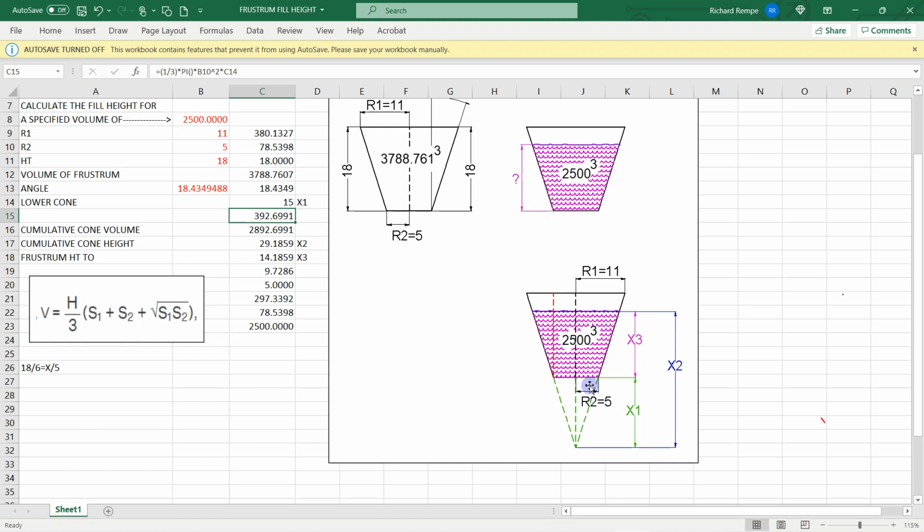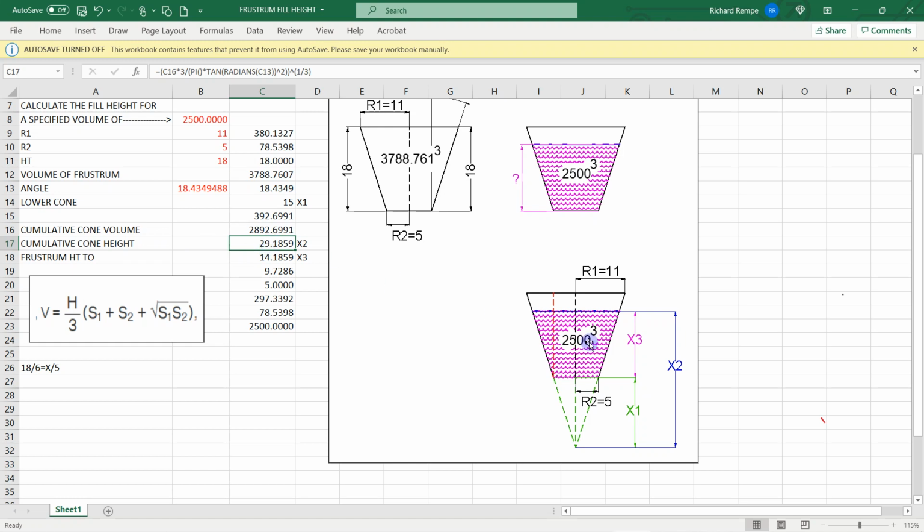That's the volume of this bottom cone. Then you take the volume of that bottom cone plus the 2500 you want, and now you've got a cumulative total for those two cones, which is 2892. And then the cumulative cone height.